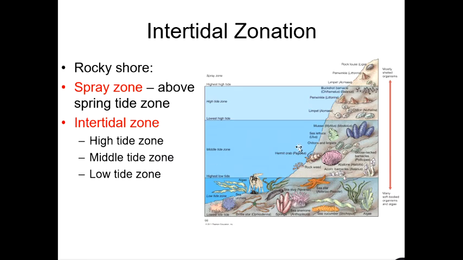Just another picture of essentially the same thing from a different textbook. You've got the spray zone, or what we sometimes call the supratidal zone. You've got the highest high tide, lowest high tide, middle tide. Here they kind of divide the tide up into many different categories. But again, you see the same zonation of organisms over here.